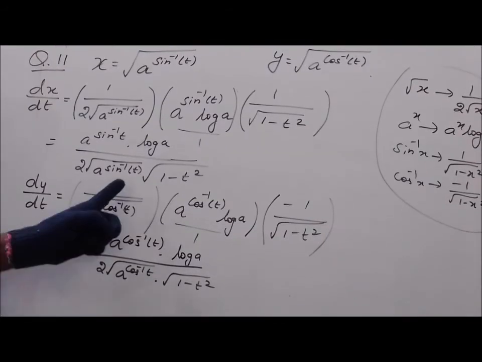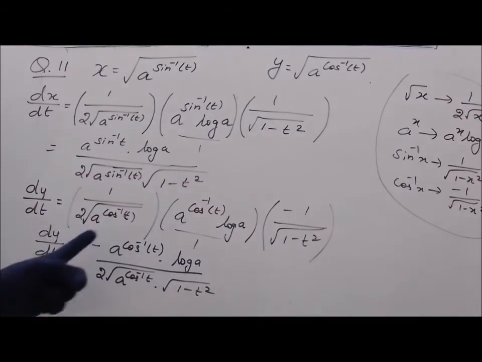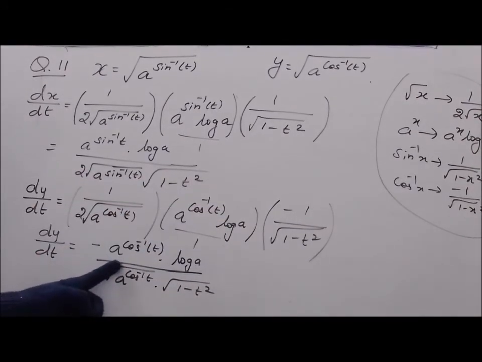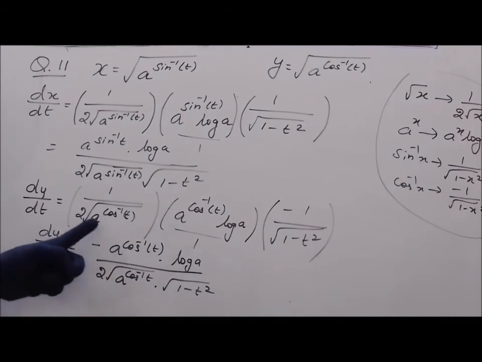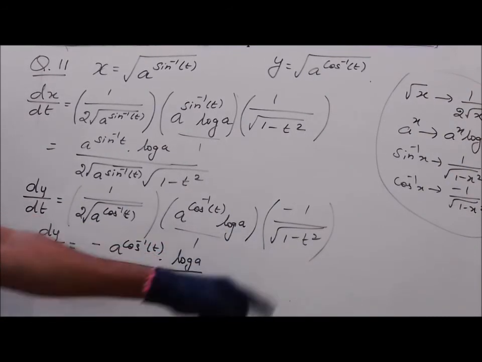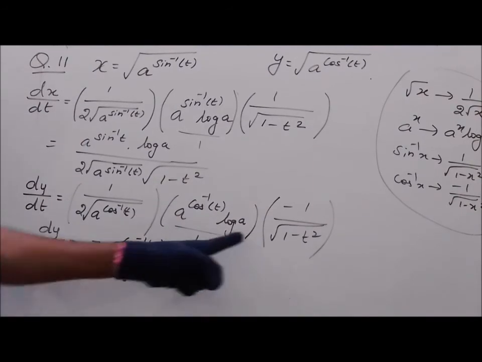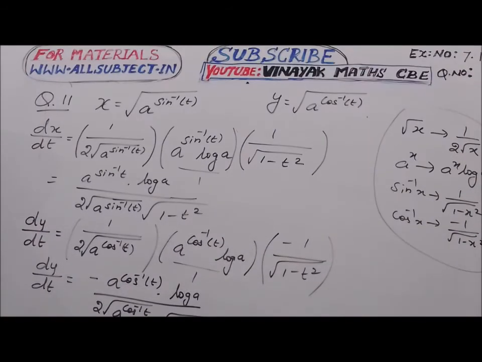Listen here. 1 into a cos inverse t into log a into minus 1 is minus a cos inverse of t into log a. The denominator we have 2 into root of a power cos inverse of t and into 1 into root of 1 minus t square. Now multiplying the denominator, we will get 2 into root of a power cos inverse t into root of 1 minus t square.